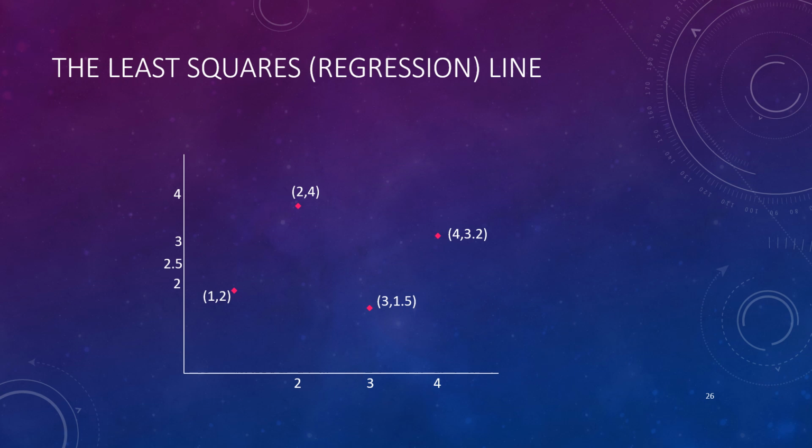We have our four data points, with these values on the x-axis and these values on the y-axis. We don't know if we see a pattern or not because 4 data points is very, very small.